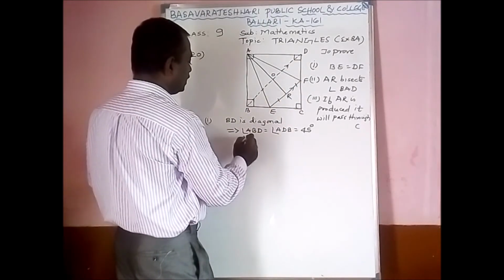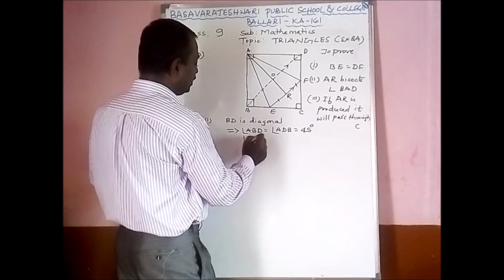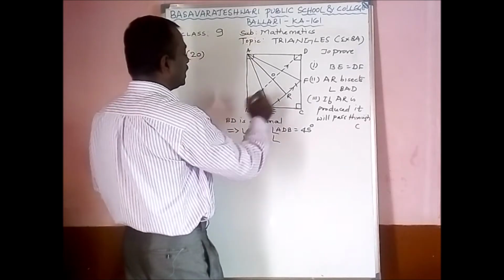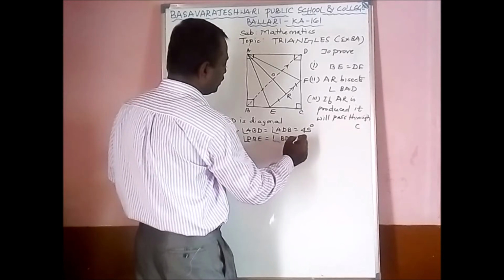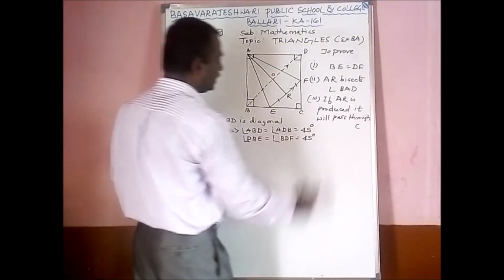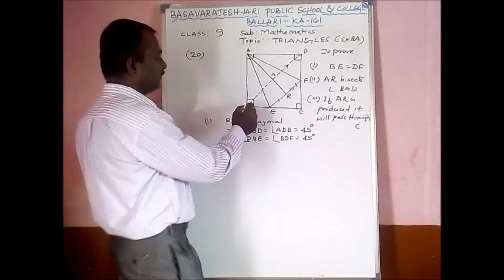Also, angle DBE is equal to angle BDF, and also equal to how much? 45 degrees. Both angles are 45, 45.